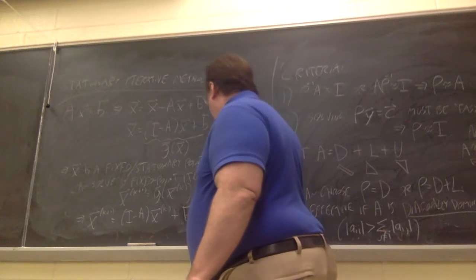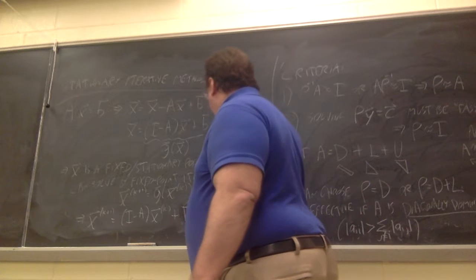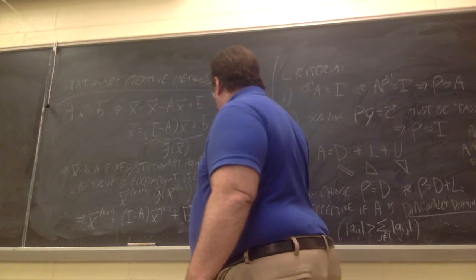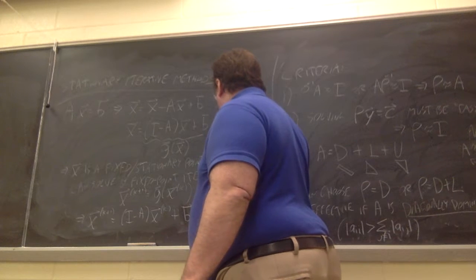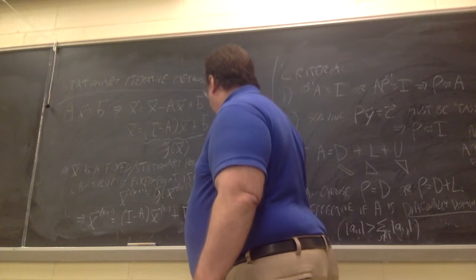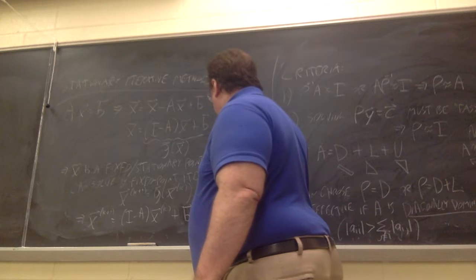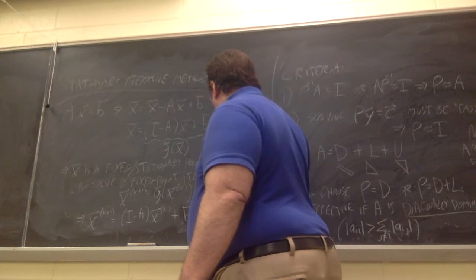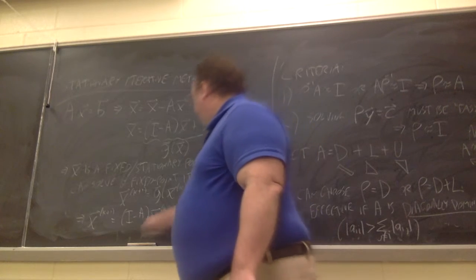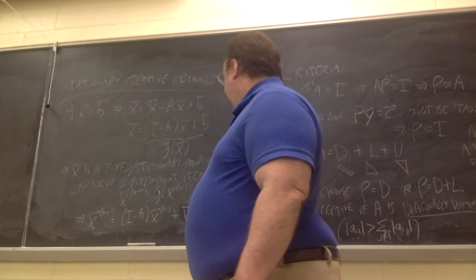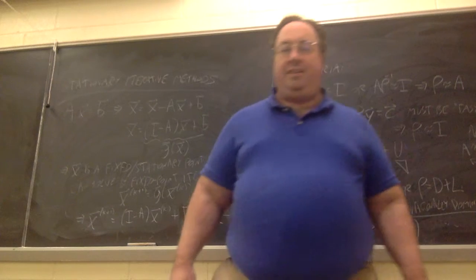So what happened here is a splitting of A. So A is equal to I minus (I minus A). One of these matrices goes here on the right side, the other matrix stays on the left.